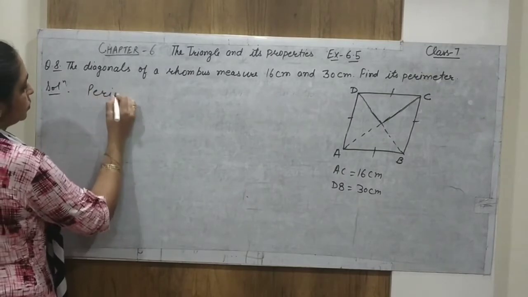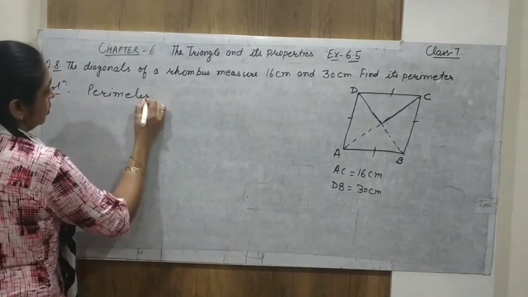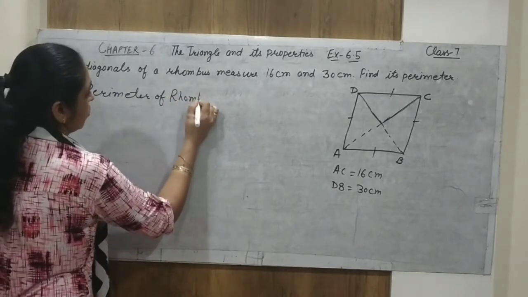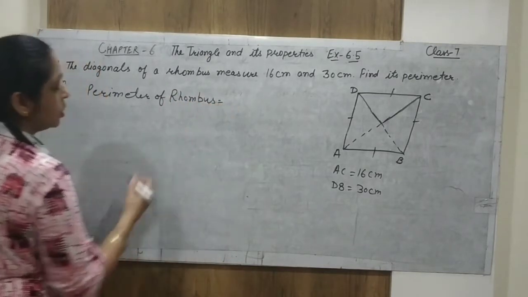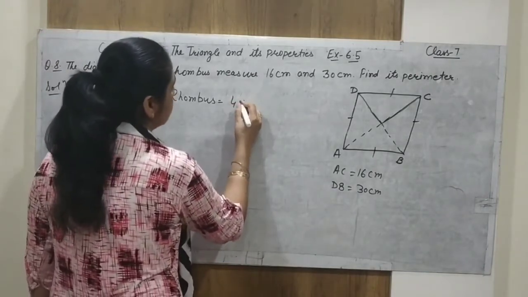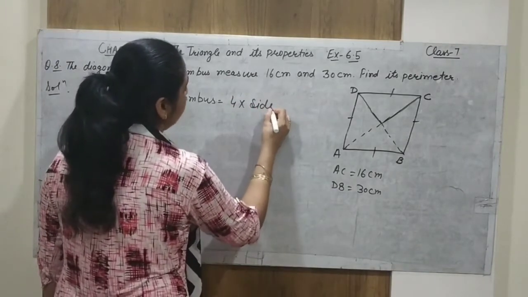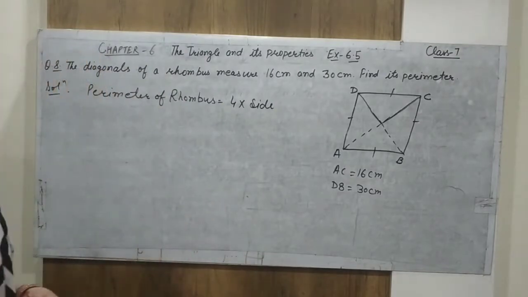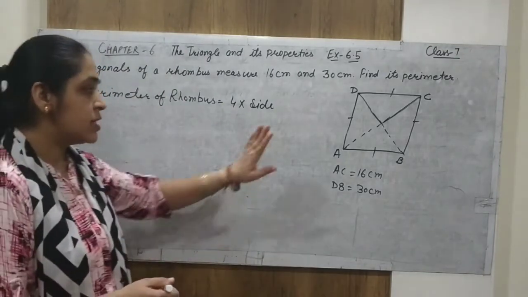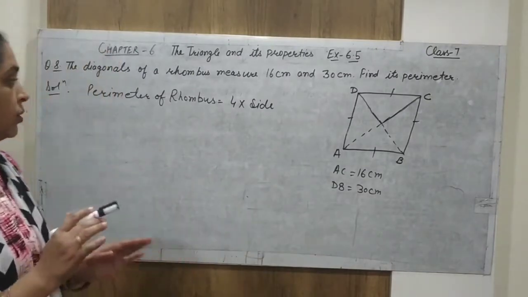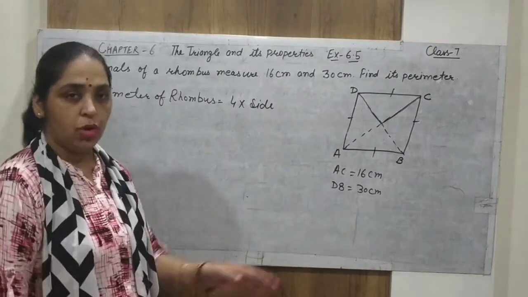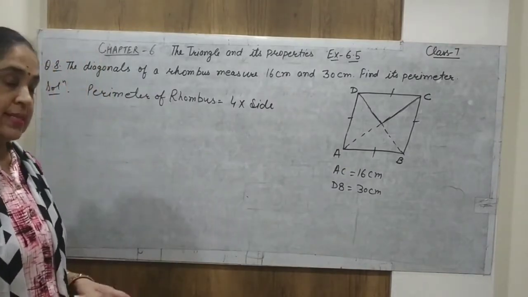Perimeter of rhombus is equal to, what is the formula for the perimeter? That is 4 into side, or we can say sum of all sides. Similar for the square, because in square all sides are equal and in rhombus all sides are equal, or we can say sum of all sides or 4 into side.